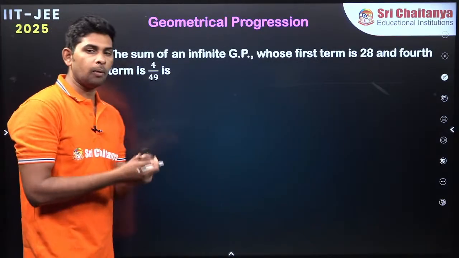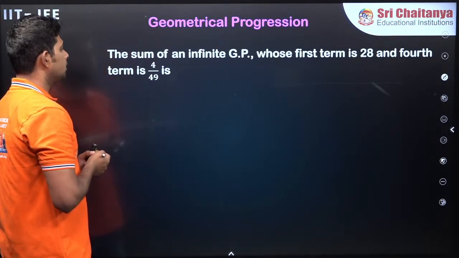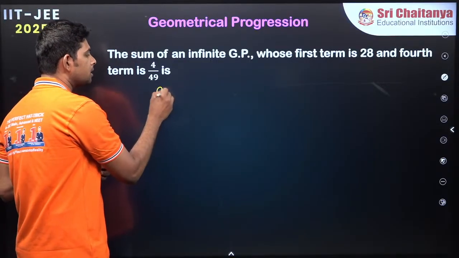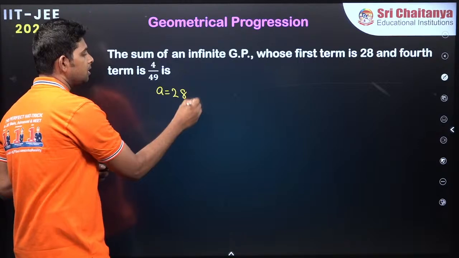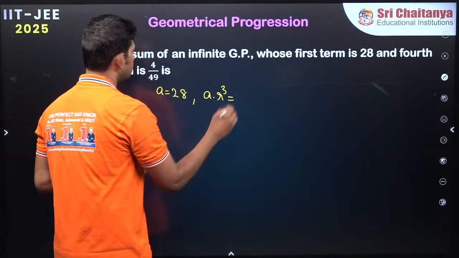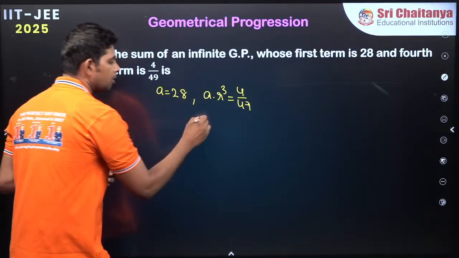Now let us see some problems on this, how we are going to use infinite GP and these terms, right? Fourth term and first term. The first term they have given, A is equal to 28. That is easy. Now what if I take the fourth term? A into R power 3 is equal to 4 divided by 49. So you just have to plug this in. What do we get?